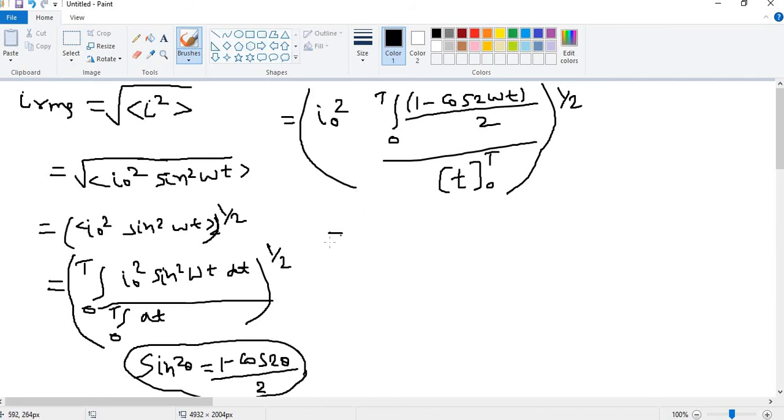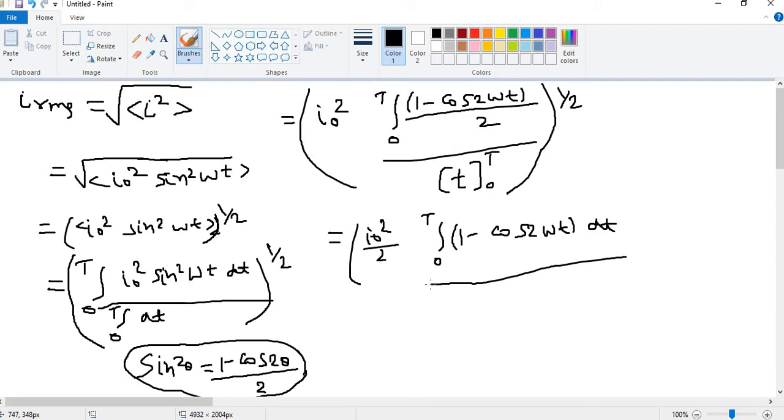Now we have I naught square, and 2 is also constant, so we will keep it aside, and now the integration from 0 to T of 1 minus cos 2 omega t dt. In the denominator we have the integration, which gives t, so we put the upper and lower limits.